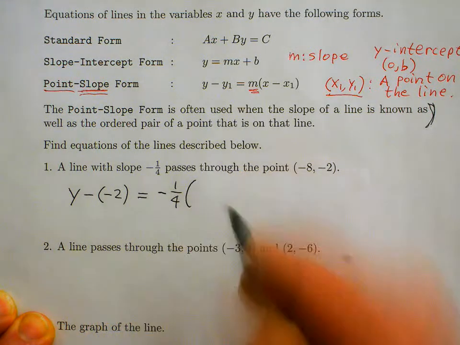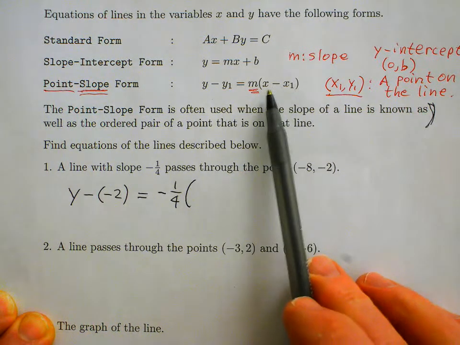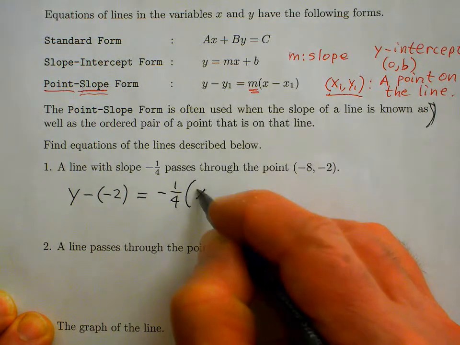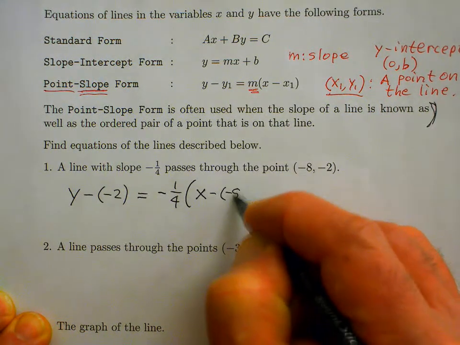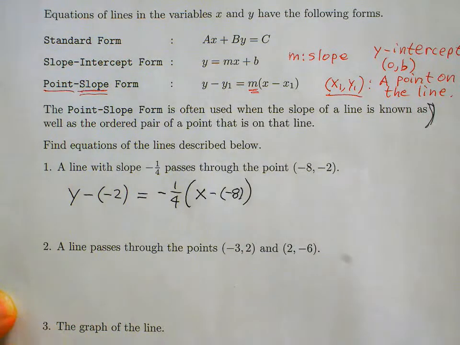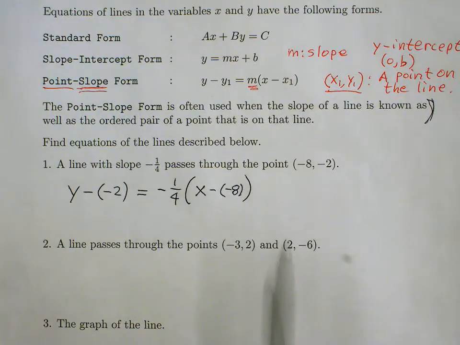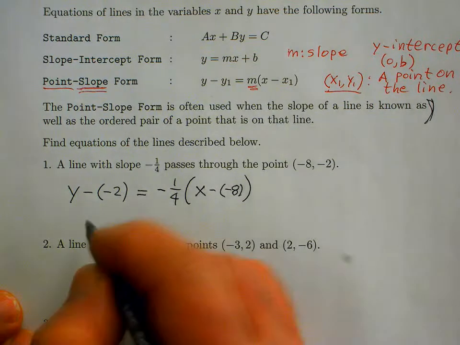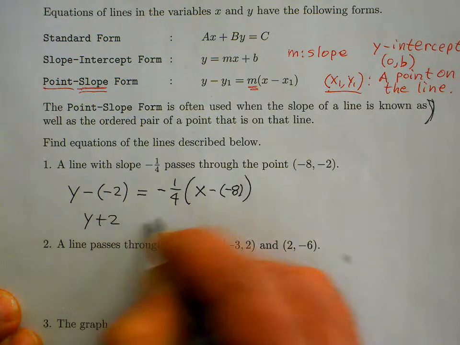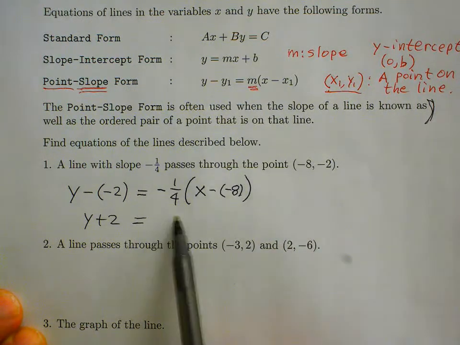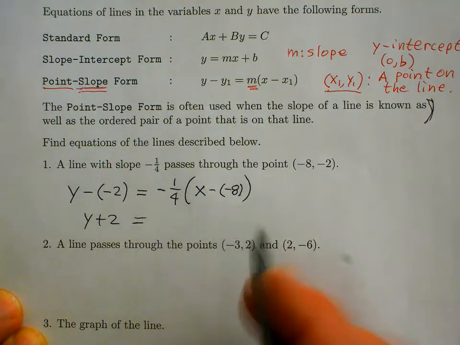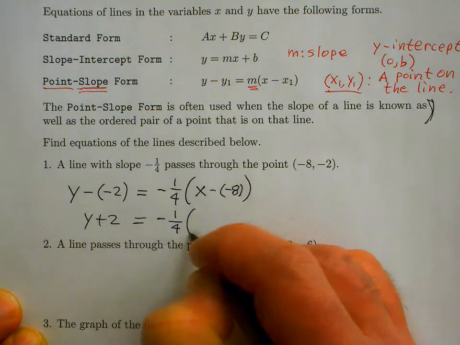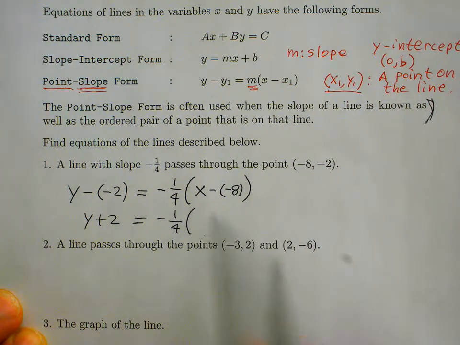And then in parentheses, we write x minus -8. Okay, that's a good start, but we want to simplify it a little bit. y minus -2 is y plus 2. And then -1/4, we'll simplify what's inside the parentheses first. So we have -1/4 multiplied by the quantity x plus 8.